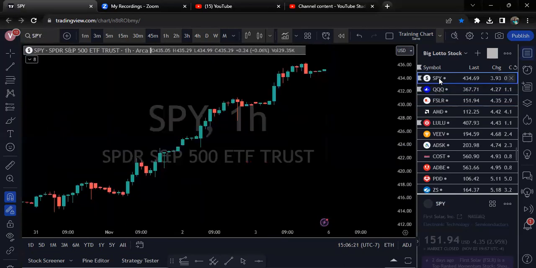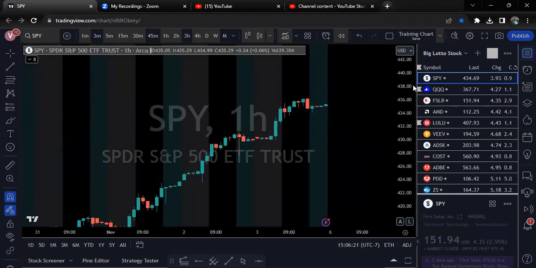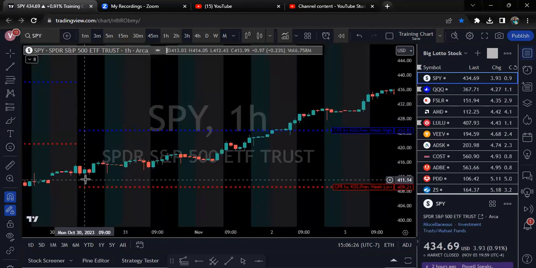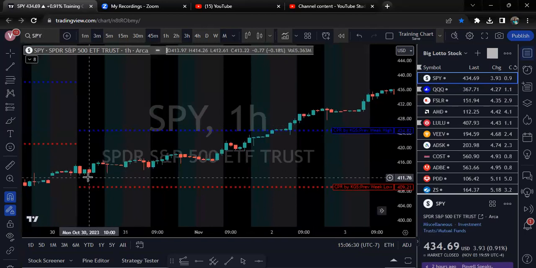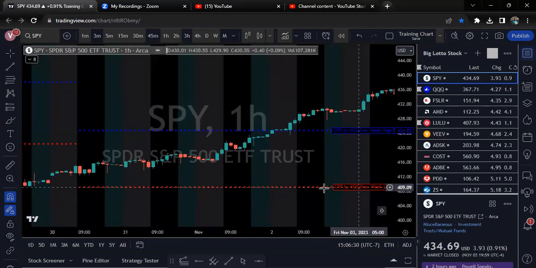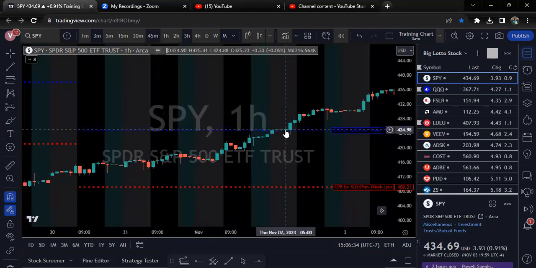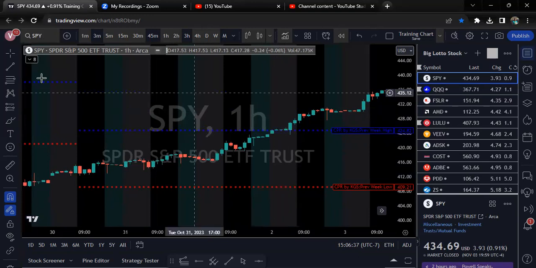You're not selling and panicking, because the stock is telling you I'm still going up. If we look at SPY, from last week Monday it was telling you that if SPY doesn't go below 409, it's headed back to 424. So that's the week.